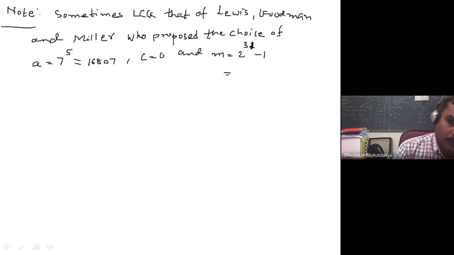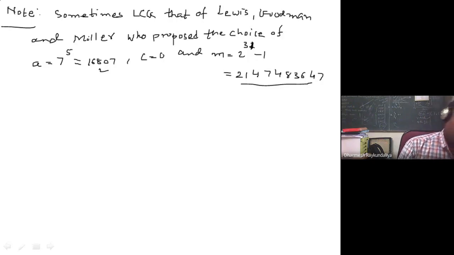And that is a very big number, around 2147483647. So for a large value of M, and when you take A to be this, it is saying that this is the LCG which passes the maximum tests.